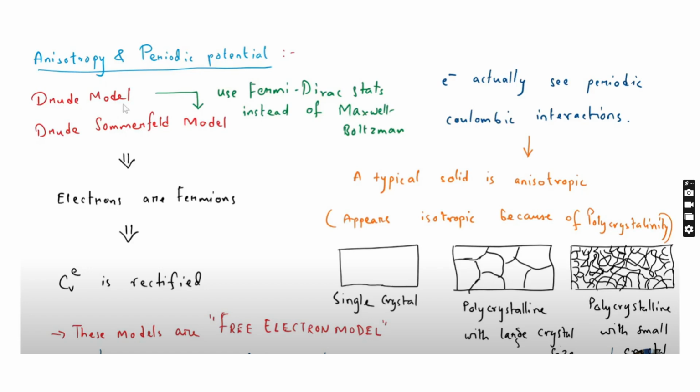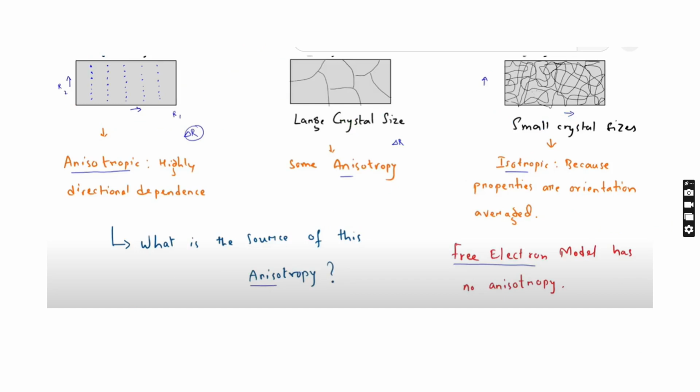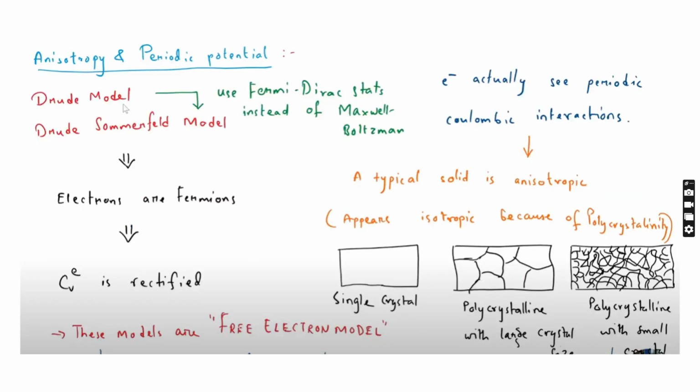In both the Drude model and the Drude-Sommerfeld model, we consider electrons as free. But in reality, if we consider a solid, it has ionic cores, and these ionic cores give the electrons which move around the solid. So the free electron model cannot consider the ionic cores.